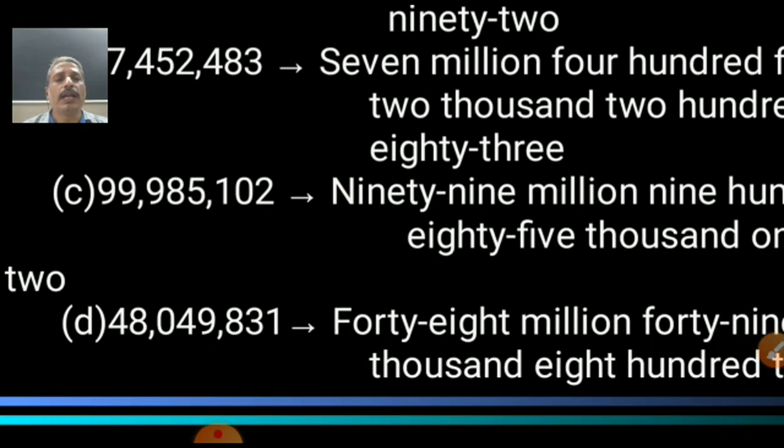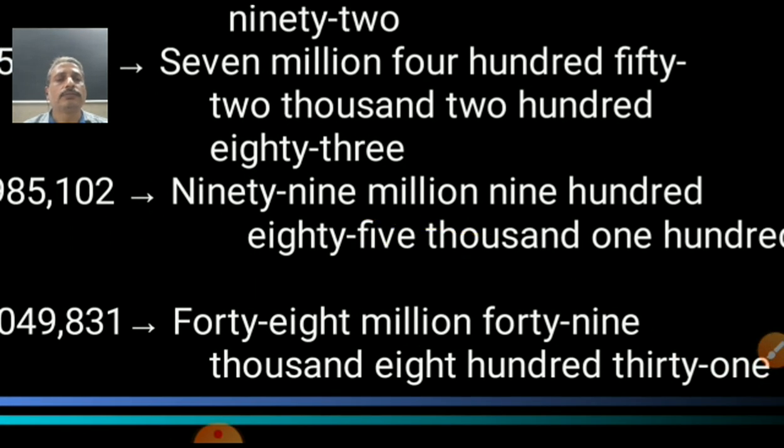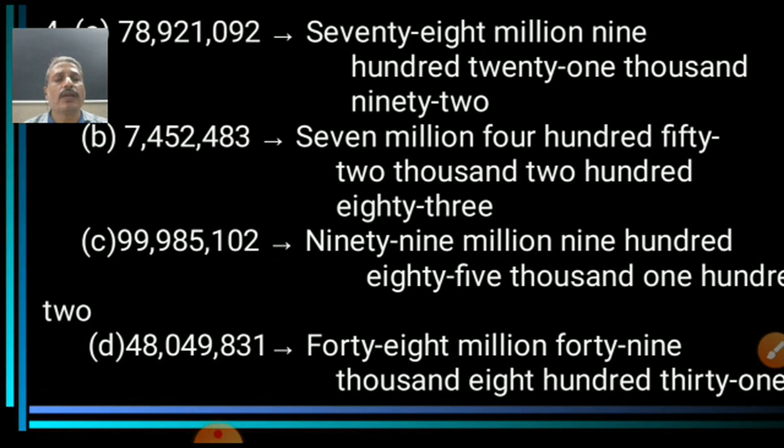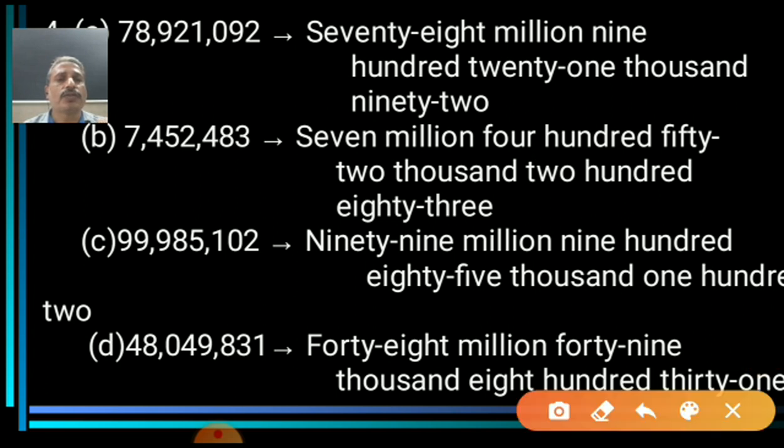Last 48,49,831. Is it written here with ones? Okay, I will make it little small size. Now we can see properly. Here was the corrections. This is a 2. Good.